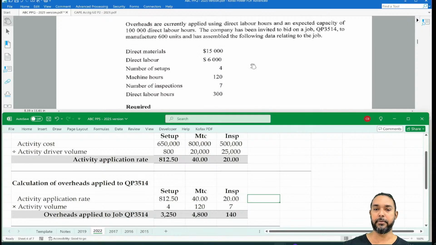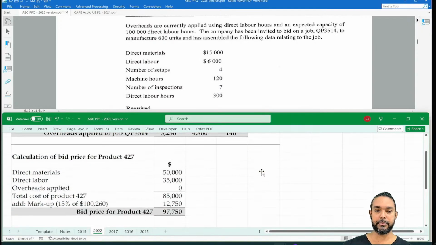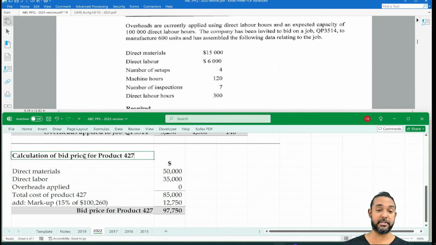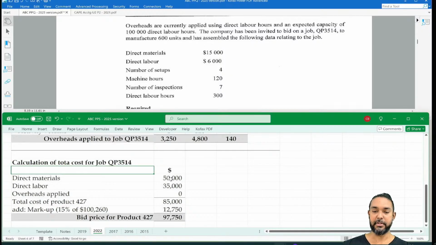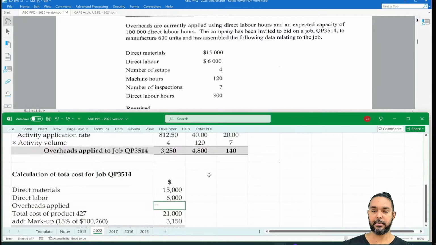All right, okay, cool. So now we're gonna go up. So calculation of, now this is total cost, right? For job QP 3514. So materials is 15,000, labor is 6,000, overheads applied is equal to the sum of these three things here.